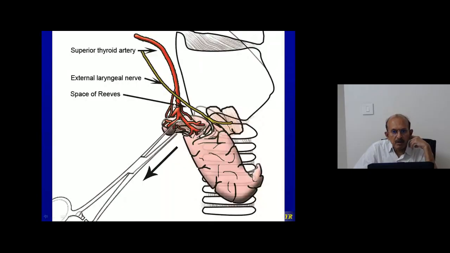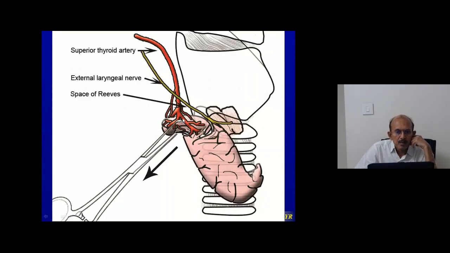The importance of this cave of Reeves is that the external laryngeal nerve traverses through it. It is close to the superior thyroid artery near its origin. As it descends down, it goes more medially.